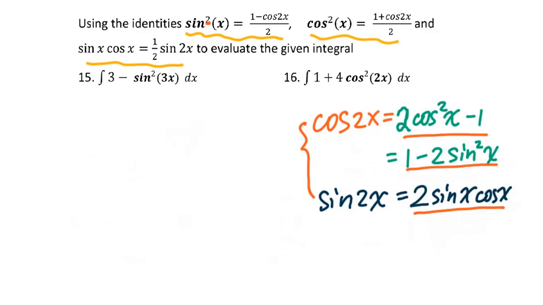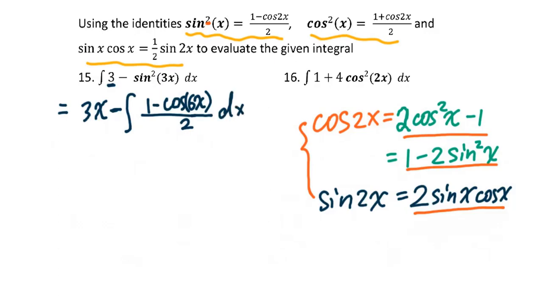So let's go to number 15. For these 3, you will get the 3x minus, for sine square 3x, we will change into 1 minus cosine double 3x, you will get the 6x, then over 2 dx. So let's go to the next step.